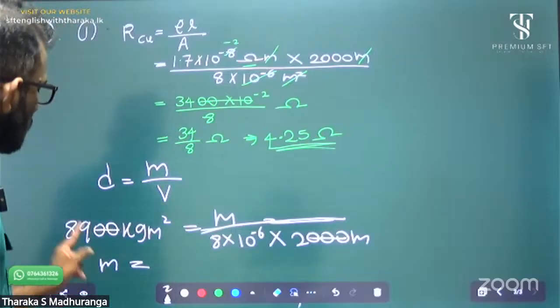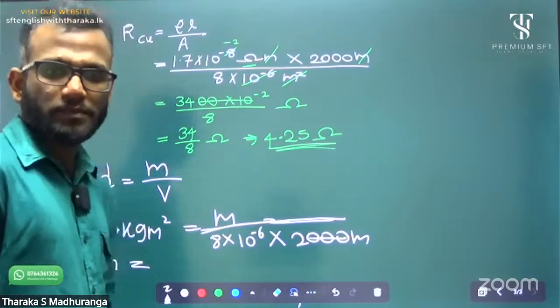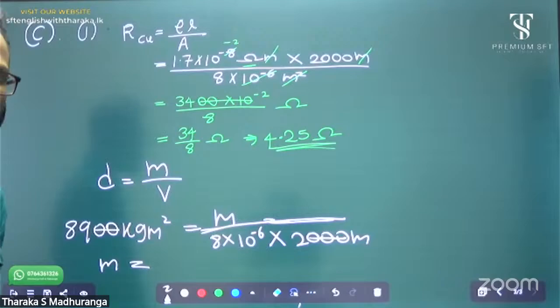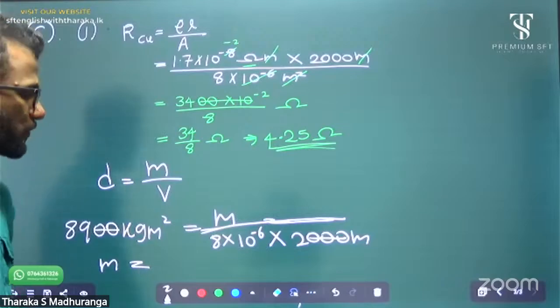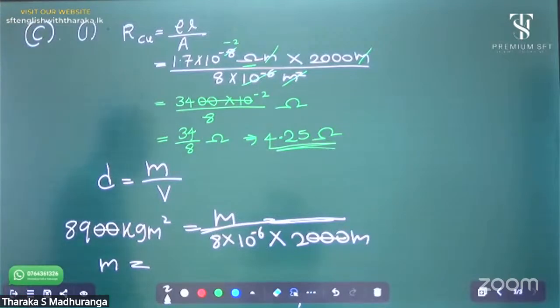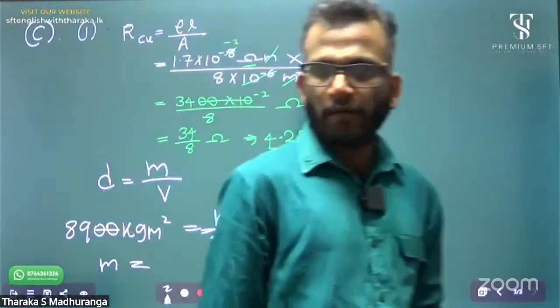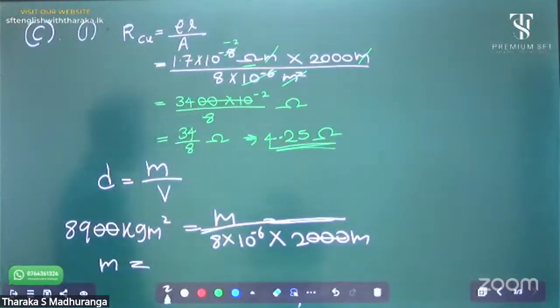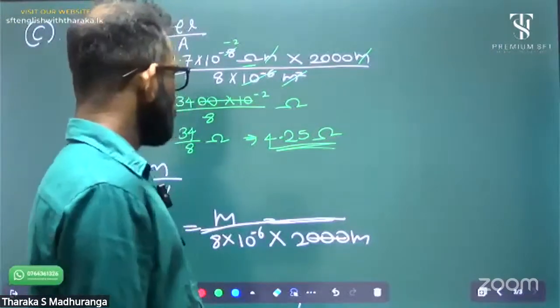Quickly send me 89 into 8 into 2. Quickly, you don't have time.